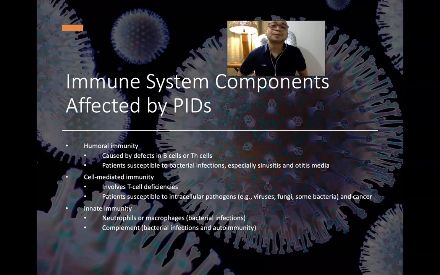Without them doing their job, we will be more predisposed to bacterial infection. And then, of course, complement, which is another important component of natural immunity. Complement deficiency would also lead to various bacterial infections and, to some extent, autoimmunity.